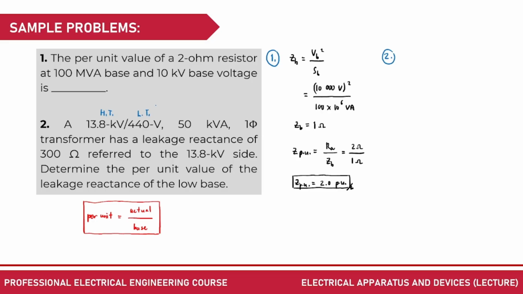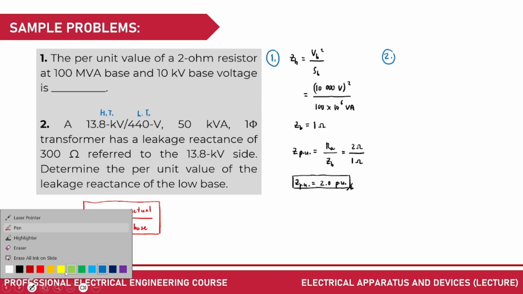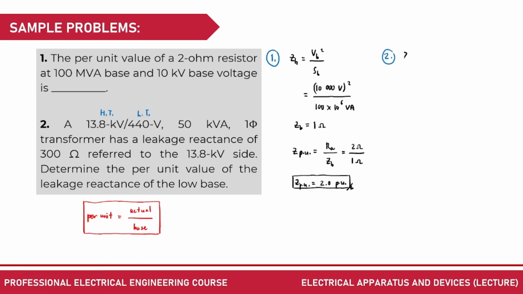So, when the problem told us to find the leakage reactance of the low side, what we need to find is the Z base with the same formula, of course. And what's the voltage base there?